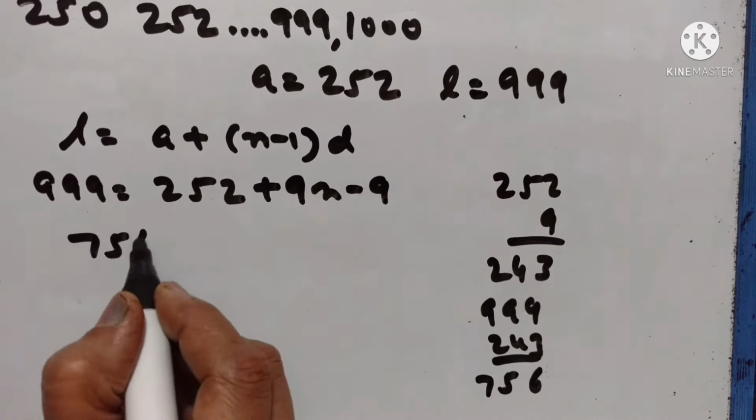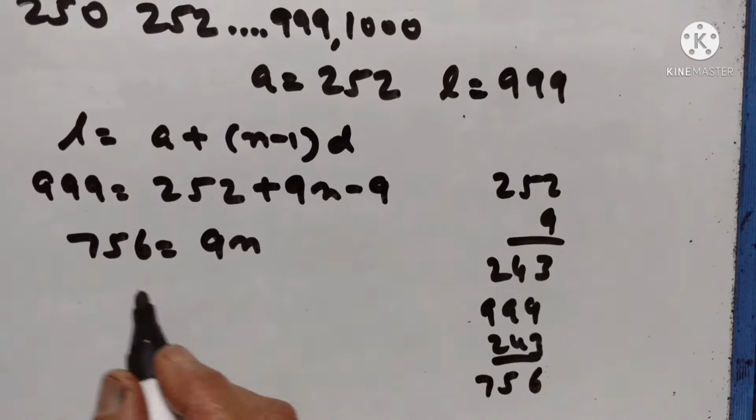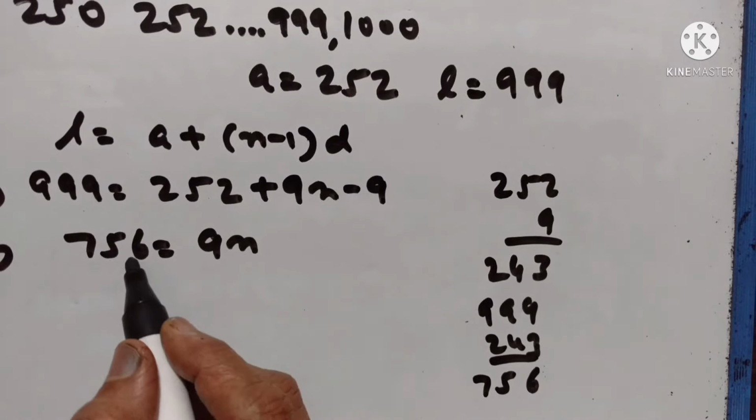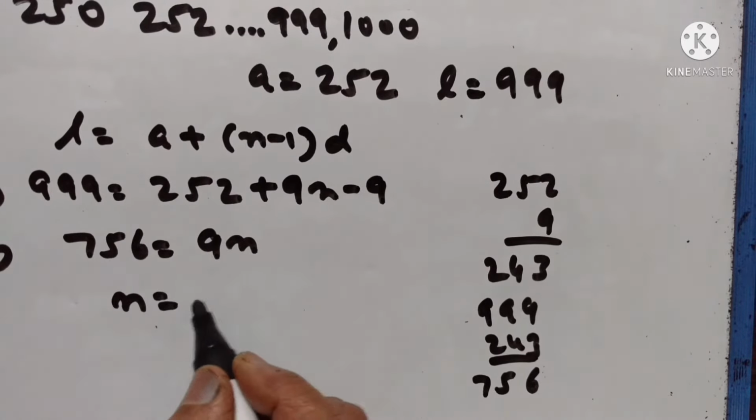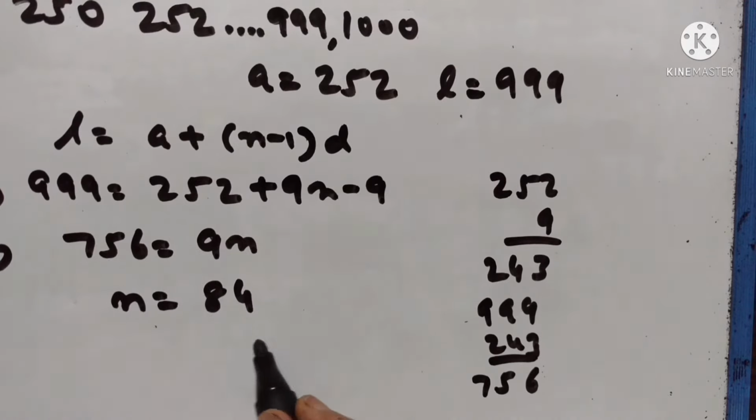So 756 is equal to 9N. Therefore N is equal to 756 divided by 9. So N is equal to 84.